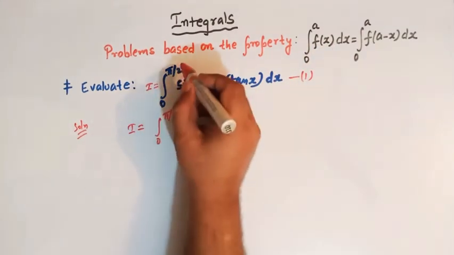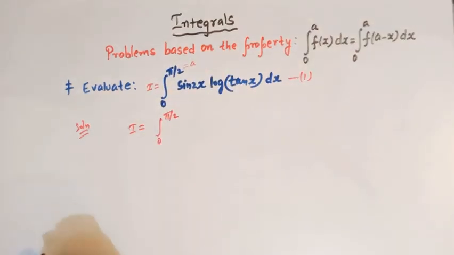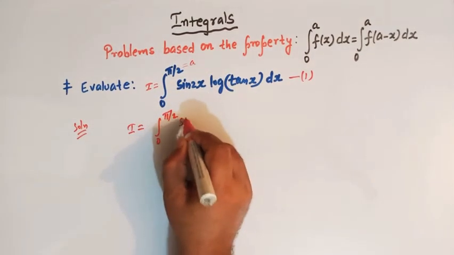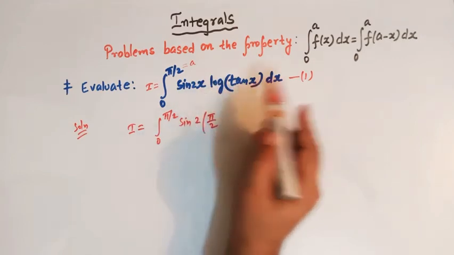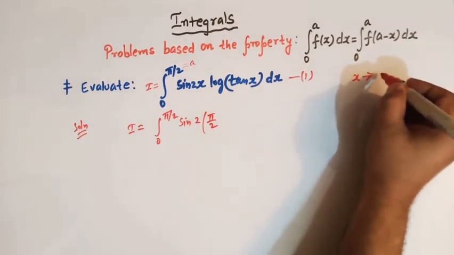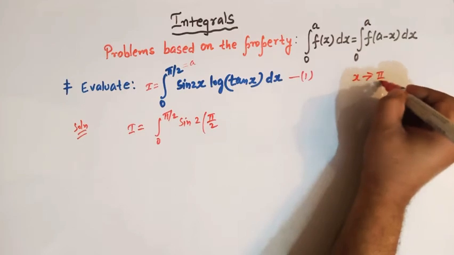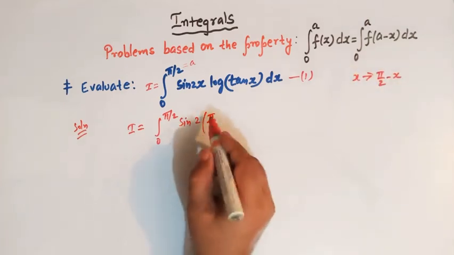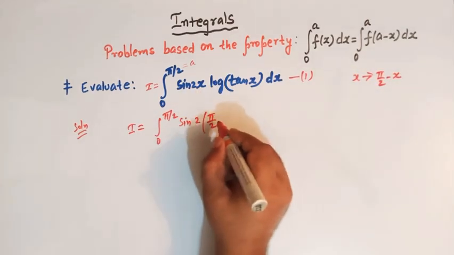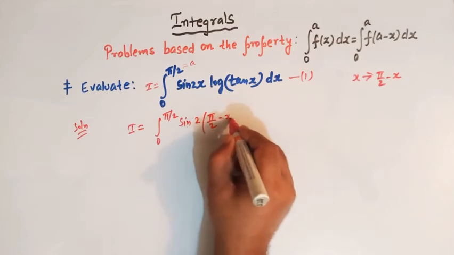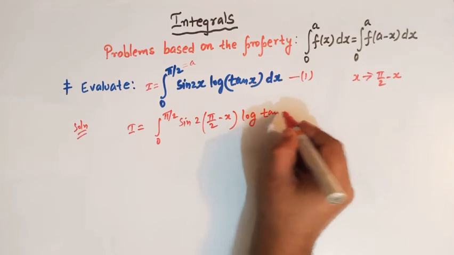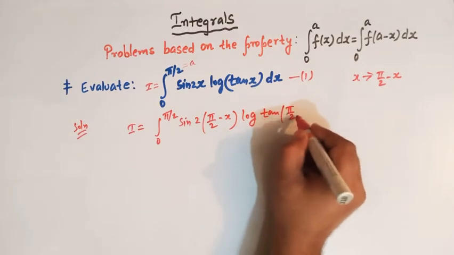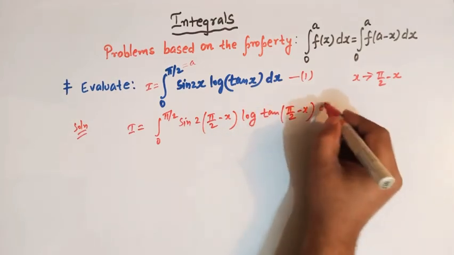So here the value of a is pi by 2, and this is sine 2 times, where x is replaced by pi by 2 minus x. So this is sine 2 times (pi by 2 minus x). Then we have log tan(pi by 2 minus x), right?